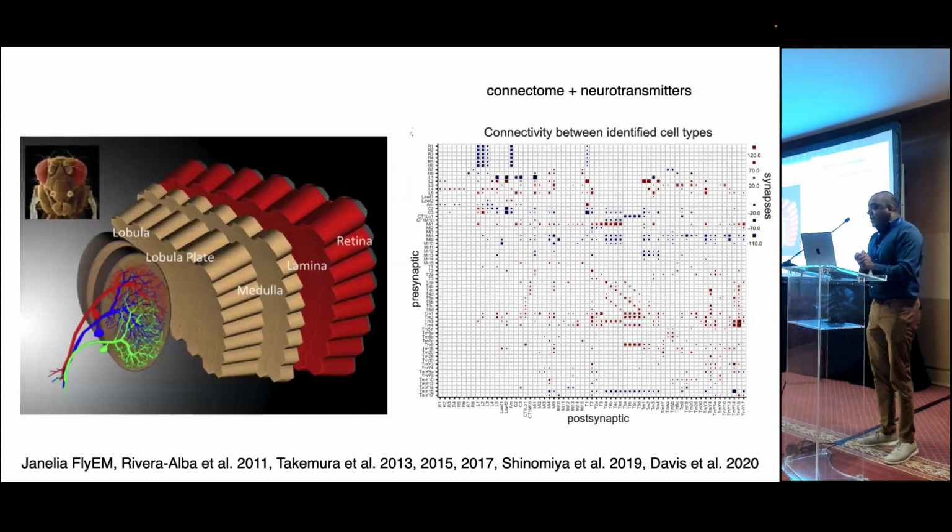So the place where we looked at this was the fruit fly visual system, the motion pathways. What you see on the left is a schematic diagram of the fly visual system. The very cool thing about the fruit fly, it has two very large compound eyes, and the pixels, the ommatidia here, are arranged in a perfectly crystalline hexagonal lattice. So that's the retina over here that you see in red.